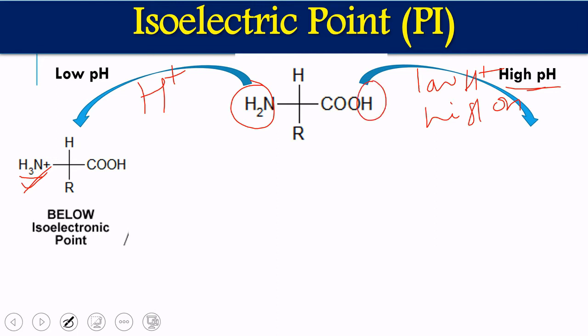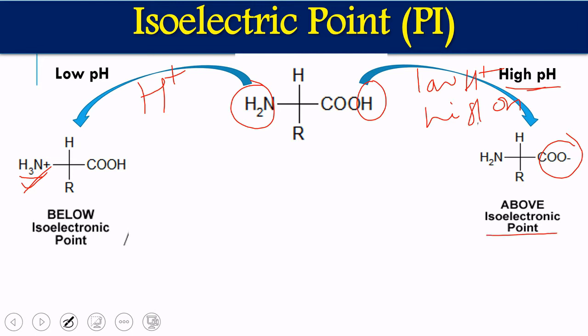In that case the amino acid exists in a negatively charged form. So if you increase the pH towards the alkaline side, the amino acid exists as a negatively charged molecule. When you decrease the pH into the acidic side, it exists as a positively charged molecule.